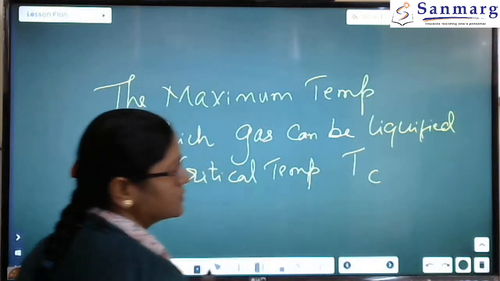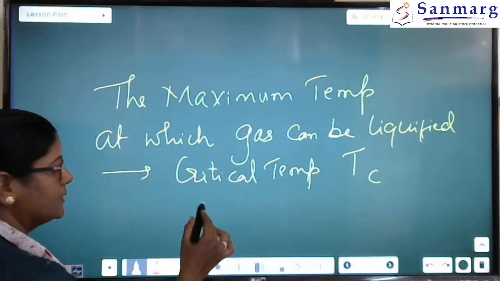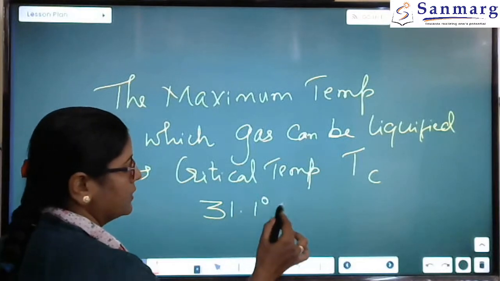It is given as Tc. In the case of carbon dioxide, it is 31.1 degrees Celsius.